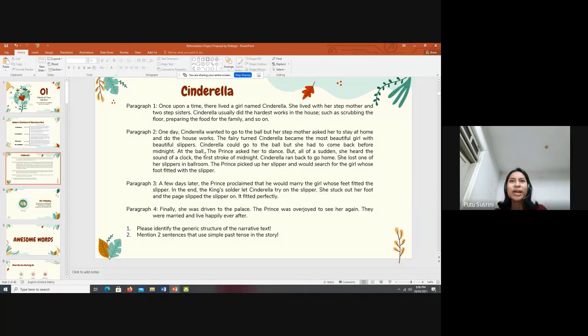You can see sentences like "they lived happily ever after," or "they finally got married and lived together." Or actually, it is optional. It can be a moral value or also advice. So, to determine the reorientation easily, you need to focus on it.